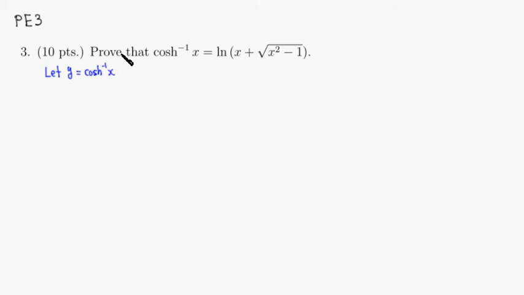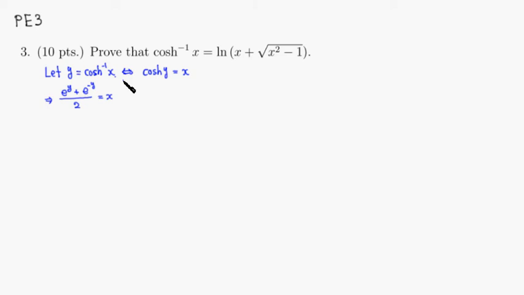Again, I don't like inverse functions, so I'm going to just rewrite it as hyperbolic cosine of y is equal to x. And remember the definition of hyperbolic cosine of y is e to the y plus e to the negative y all over 2, and this is equal to x.